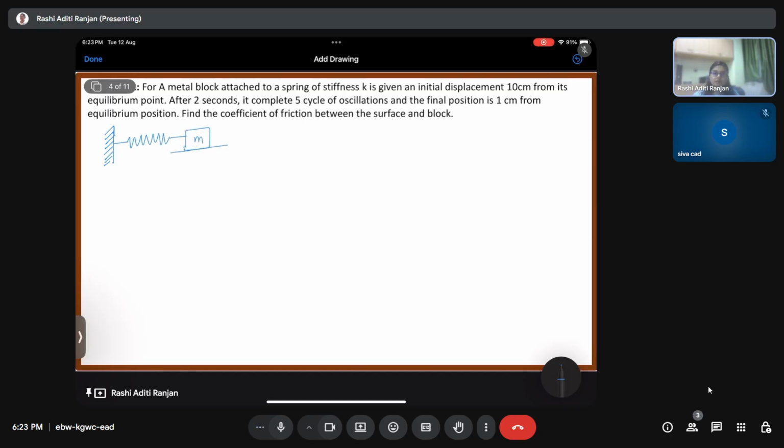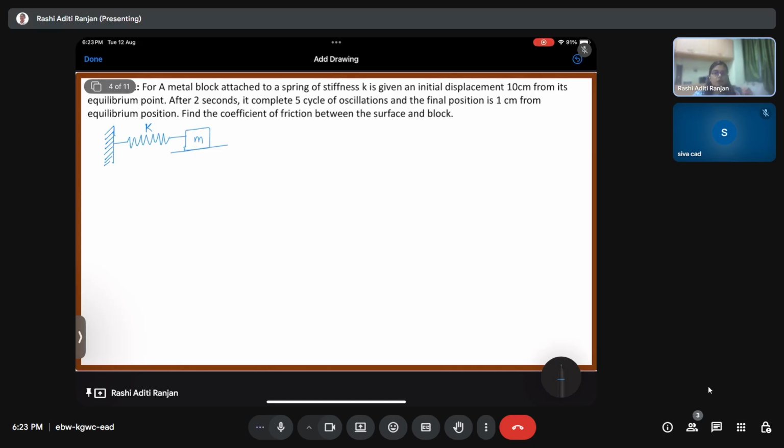Okay, this is our system. There's a metal block of mass m and it is attached to the rigid reference with a spring of stiffness K. Now it is given an initial displacement of 10 centimeter from the equilibrium point. So from its equilibrium point means that it is at this state.